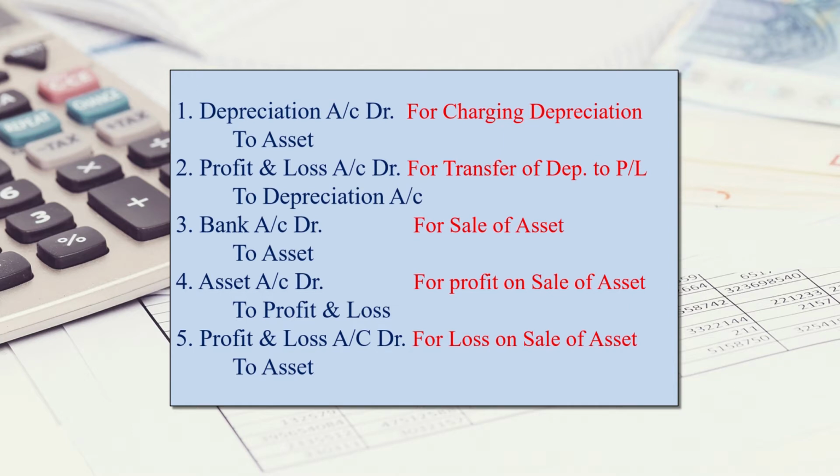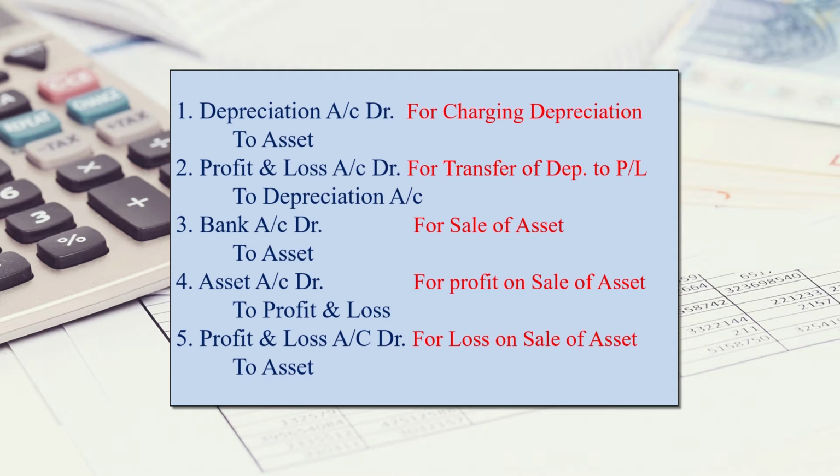Since the asset is going out, as per the rationale of the real account, which is debit what comes in and credit what goes out, the asset account will be credited.